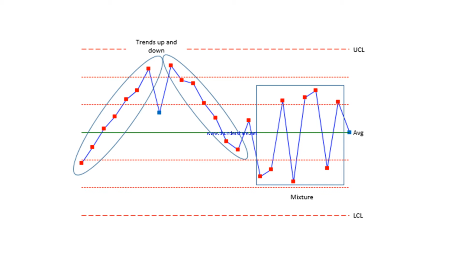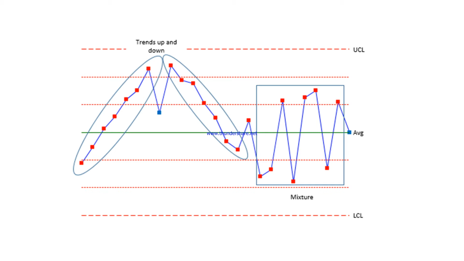What I told you is, when you observe your process control chart, if all the observations are within the upper control limit and the lower control limit, we tend to believe that your process is in control. But even though all the points are within these two control limits, sometimes we have to observe.